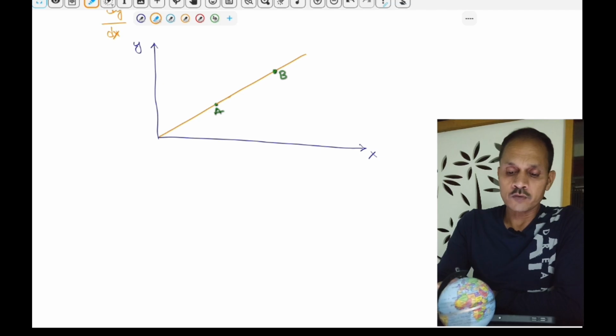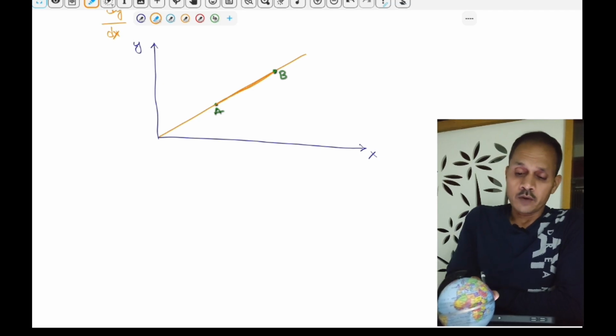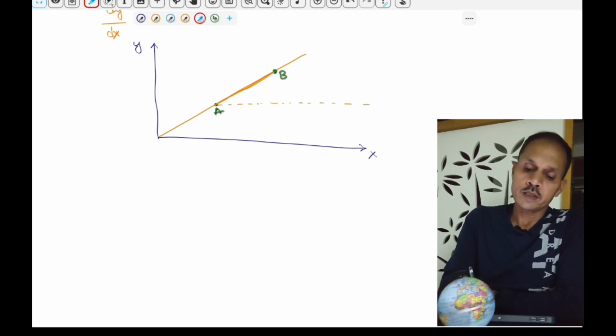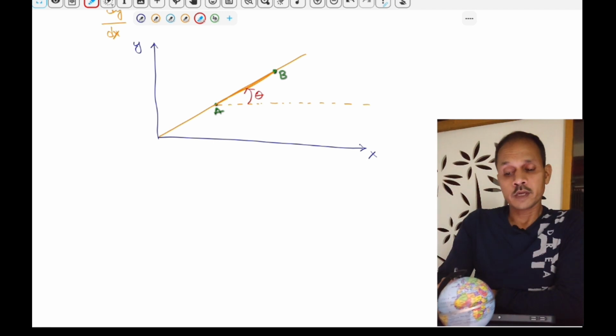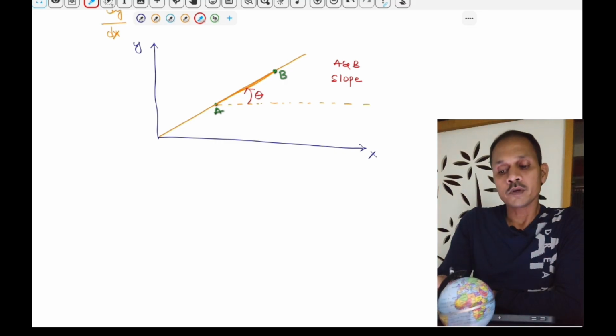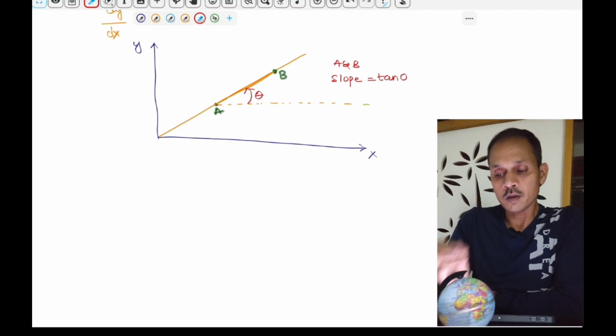Then this is the graph between them. I draw a parallel line to the x-axis, and I find the angle between the x-axis and the graph. Let us say it is theta. Then between A and B, the slope of the graph is tan theta.